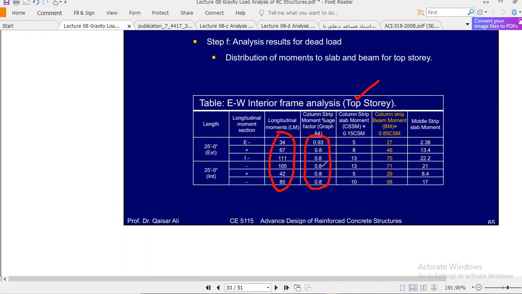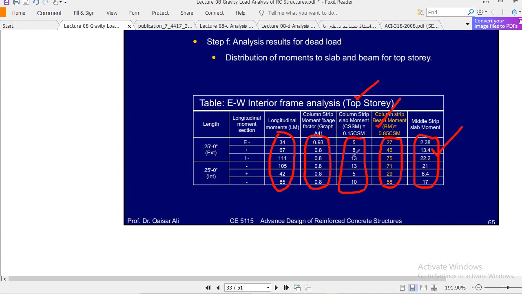After multiplying these coefficients, these are the net moments for which we have to design our slab and our beam. Flexure design will be done for these moments: the beams, the column strip, and the middle strip will each be designed for their moments.